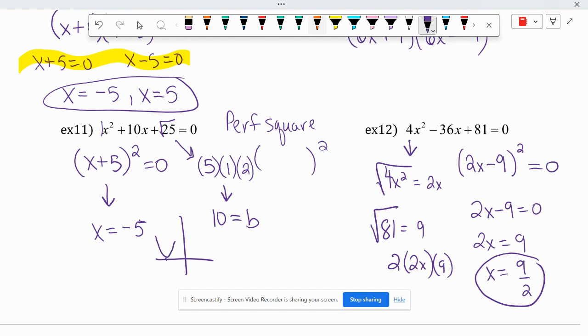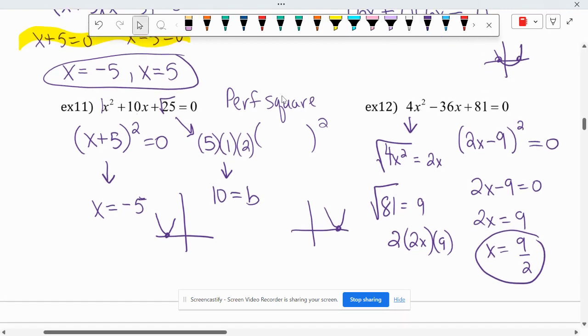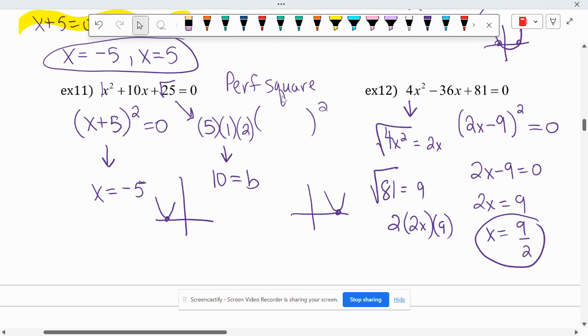It looks like this. It just bounces. Compared to something like this that goes through at 2 spots. Perfect square trinomials just bounce on the x-axis. Questions about that?